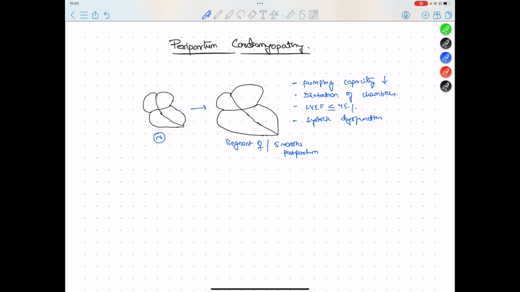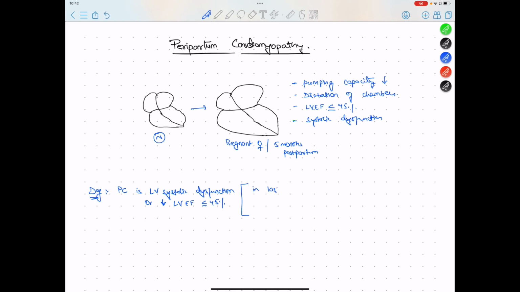Now, let's write the exact definition for it. Peripartum cardiomyopathy, let's refer to it as PPCM, is LV systolic dysfunction, or decrease in LV ejection fraction to less than or equal to 45%, right?